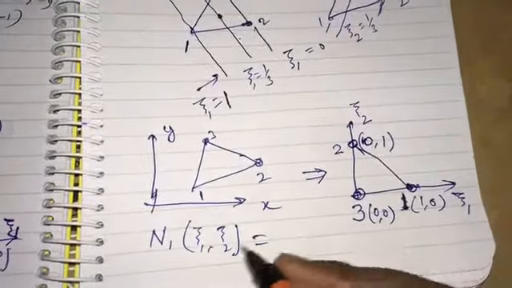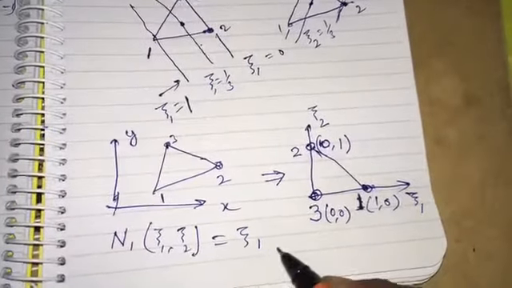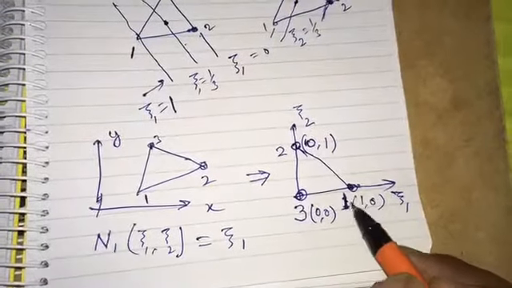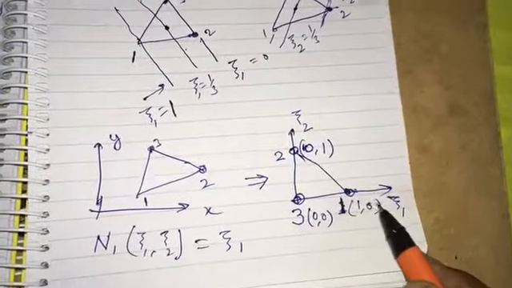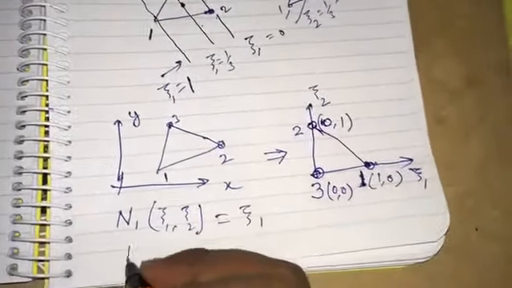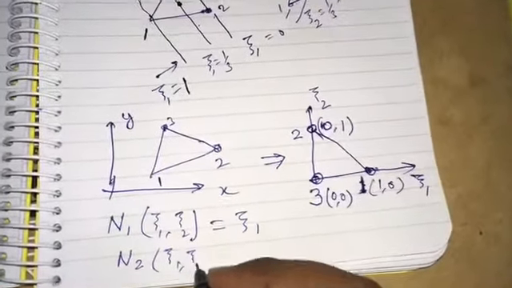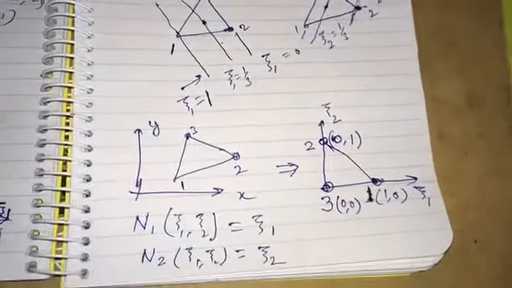So we can straight away write N1 equal to xi1. Why? By doing so, N1 is automatically equal to 0 at nodes 2 and 3, and xi1 is equal to 1 at node 1. Similarly, N2 can be directly written as equal to xi2 only, for the same reason.